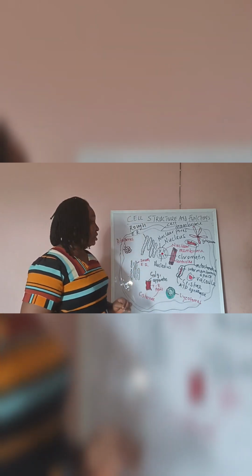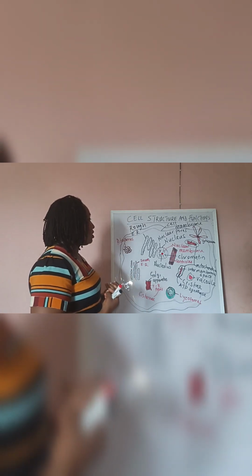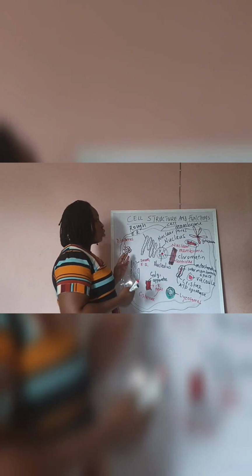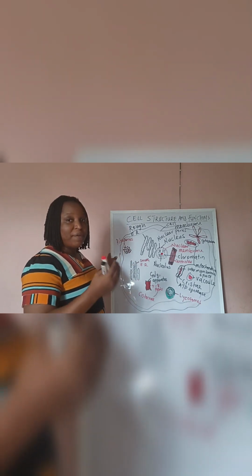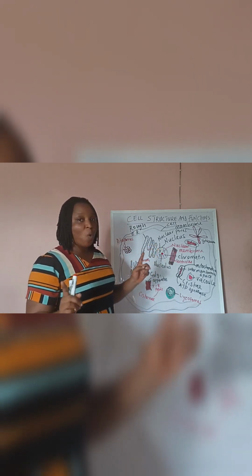Now the differences in these organelles. If we compare a plant cell and an animal cell, we can see the differences between them. We are going to start from the cell wall. In plant cell, there is a cell wall, while in animal cell, there is no cell wall.